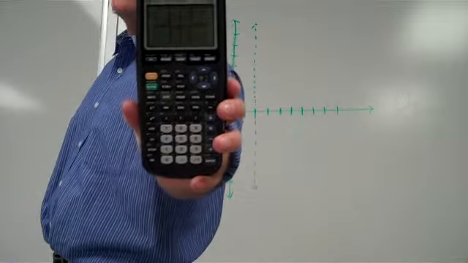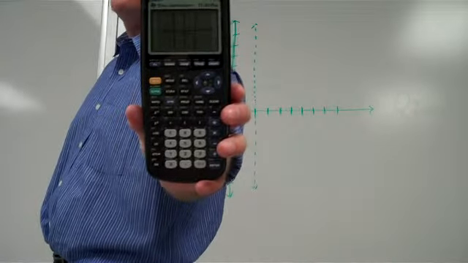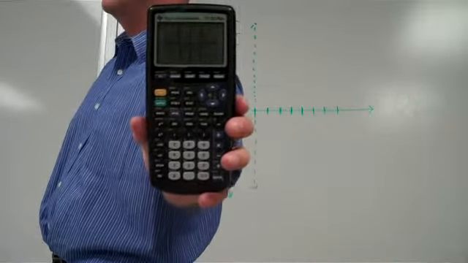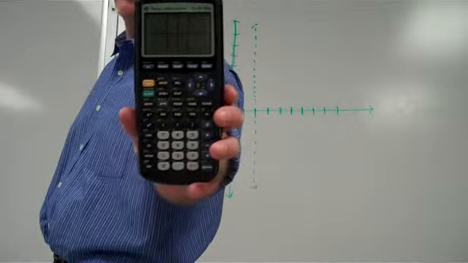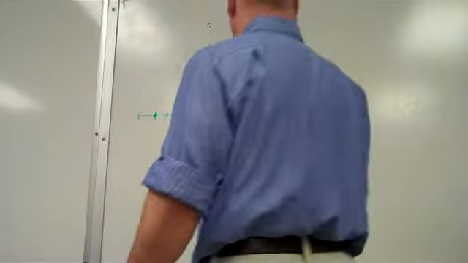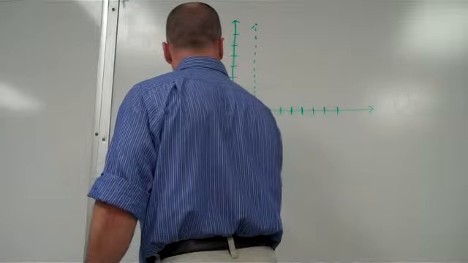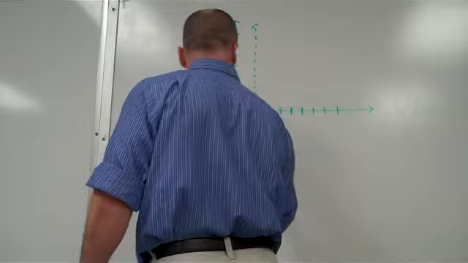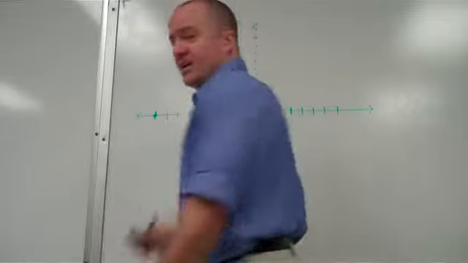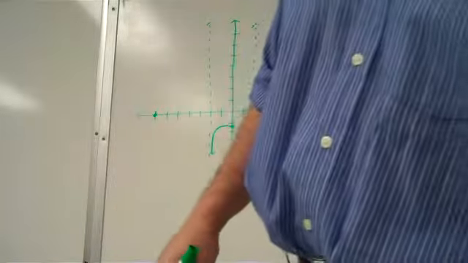But those vertical asymptotes are not part of the graph, and I always draw them dashed. You should always draw them dashed yourself, not solid. But your calculator will do most of it. Your calculator has this thing looking something like that, and then I need to see one part of it again.